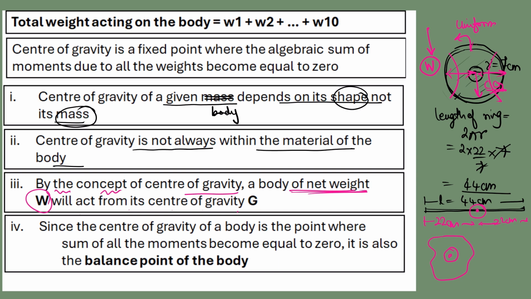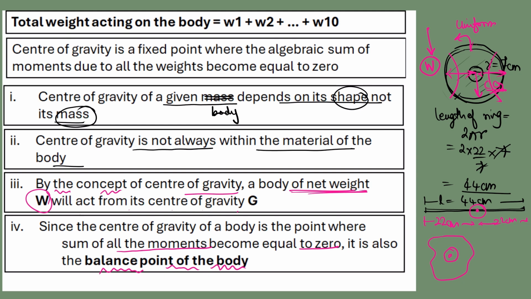Since the center of gravity of a body is a point where the sum of all moments becomes equal to 0, this we have verified with our scale, it is also called the balance point of the body. Alright, so understand this concept very clearly. Center of gravity does not depend on the mass, it only depends on the shape of the body. Center of gravity is not always at the center of the body.